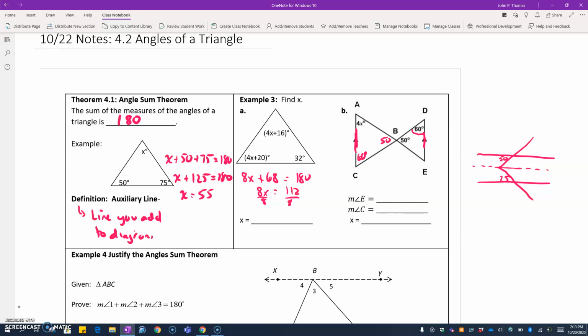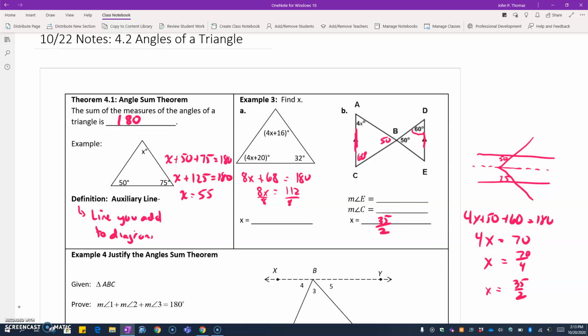So I'm going to lean on the angle sum theorem for a triangle, and I'm going to go ahead and add these three angles up. So I've got 4x plus 50 plus 60 equals 180. That's going to be 4x equals 180 minus 110, or 70, which we can divide both sides by 4. And we end up at 35 halves. Okay, so that's going to be our x value, 35 halves.